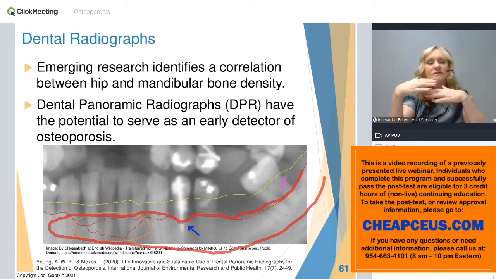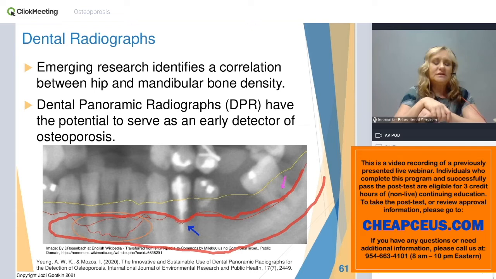They're finding that there's some relationship between the bone density in the mandible as well as the change in the bone in the hip and the spine. They're considering this might be an early indicator for patients to see if there is potentially the development of osteoporosis starting.